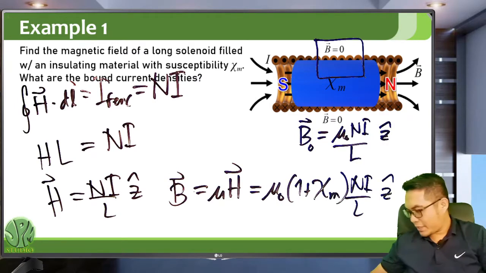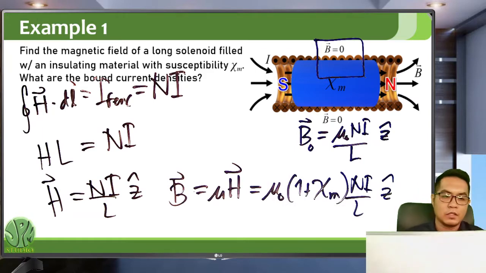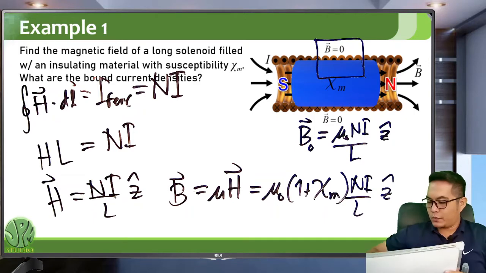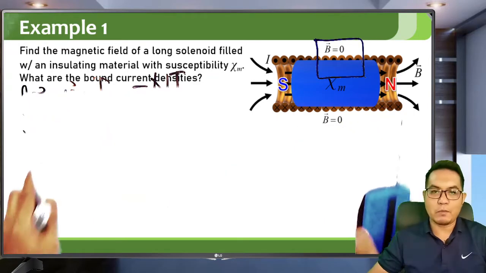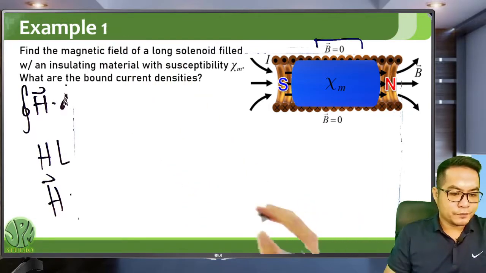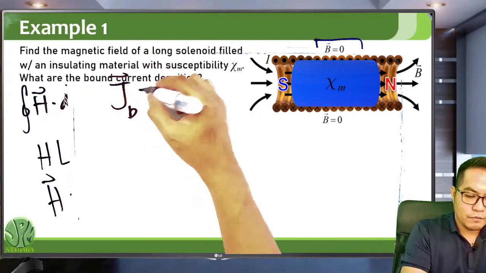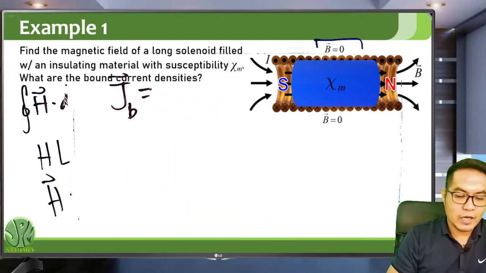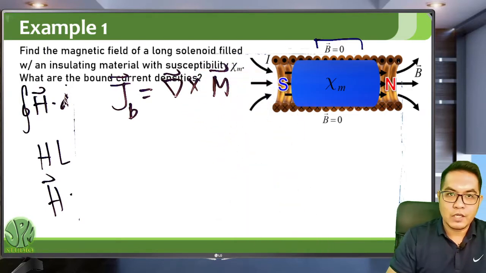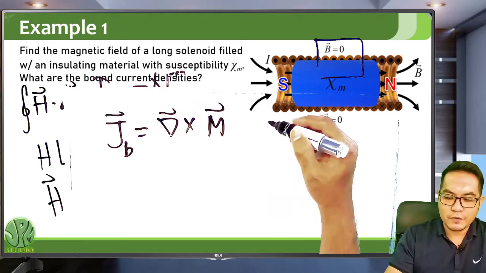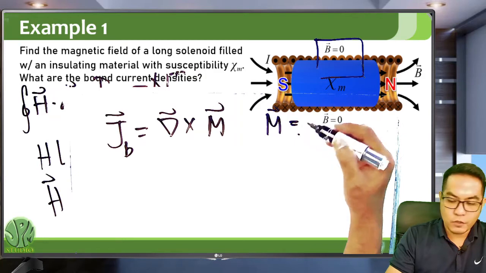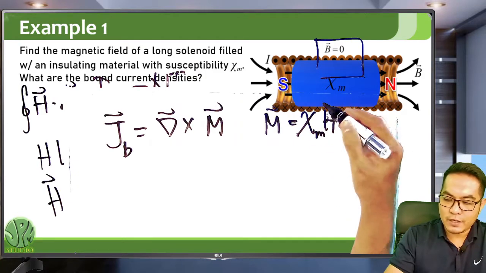Okay, so the next question is, what are the bound current densities? Since this insulator is exposed to the magnetic field of a solenoid, it will become magnetized. So its volume current density will just be the curl of the magnetization. In this case, the magnetization is the susceptibility times the auxiliary field.